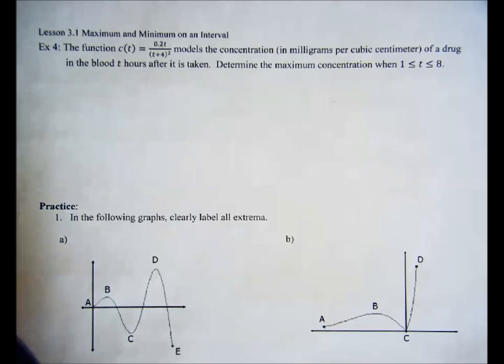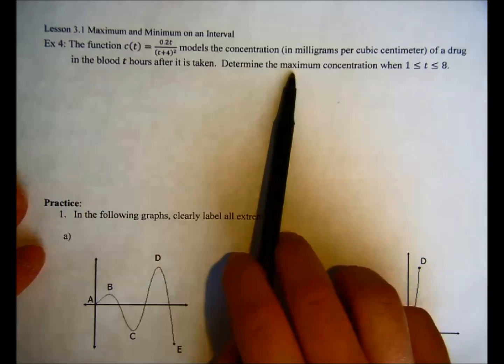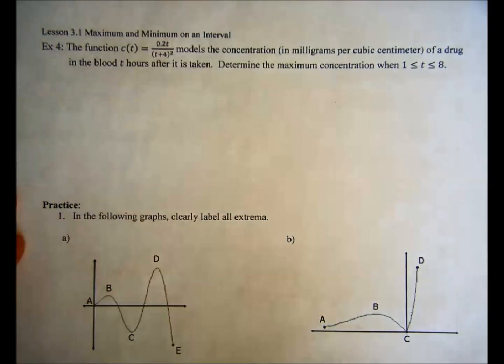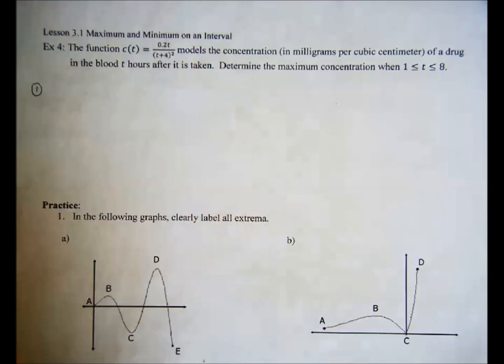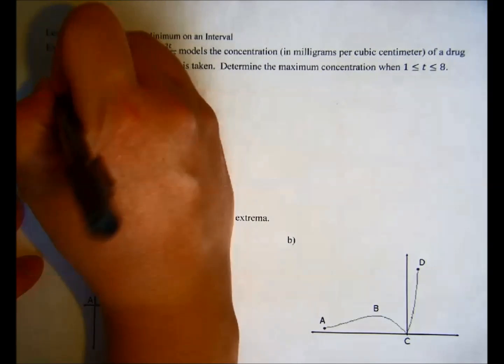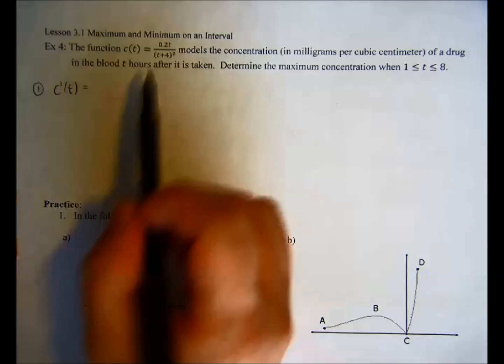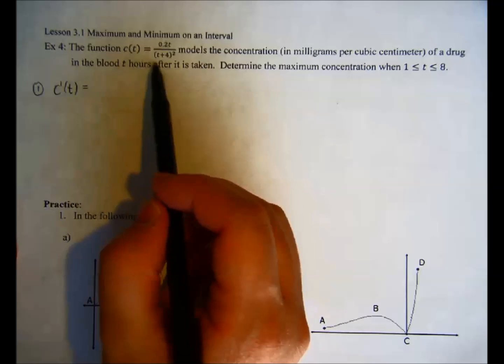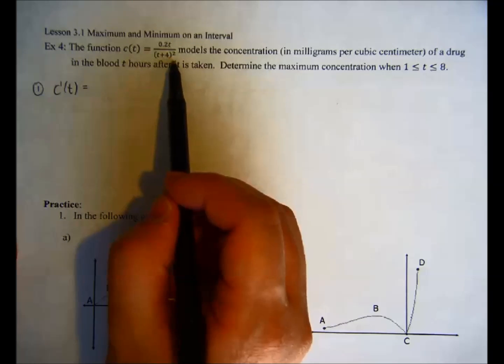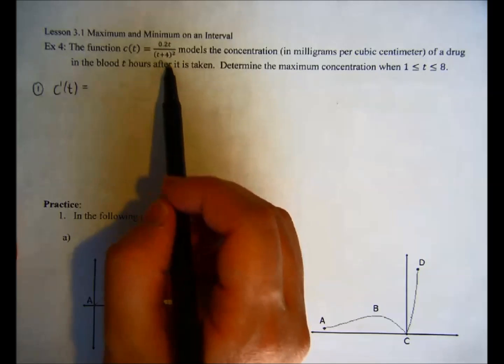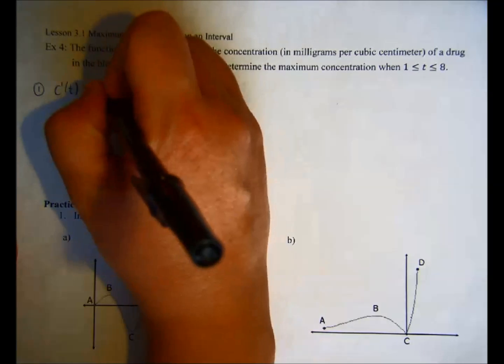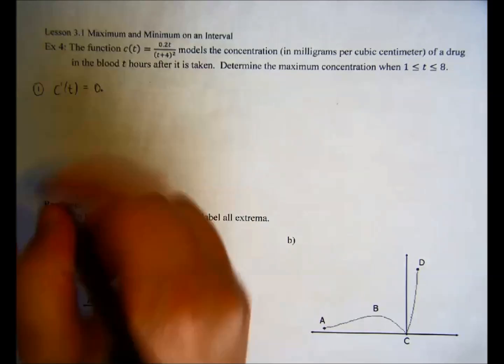So again, for any sort of max or min value questions, you need to, first of all, figure out the derivative. So we are going to take c prime of t equals... if you want to rewrite this as product rule using the negative exponent, you can. Otherwise, you can just keep it in rational form and use the quotient rule.